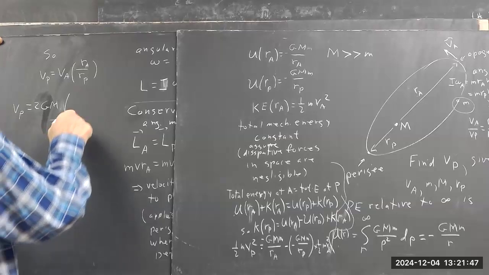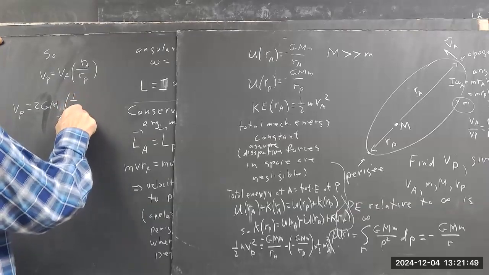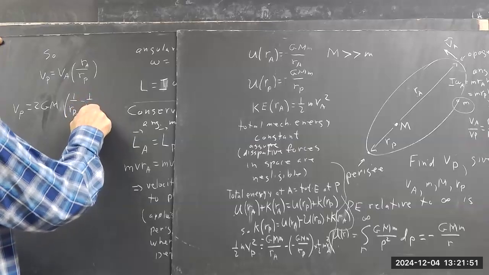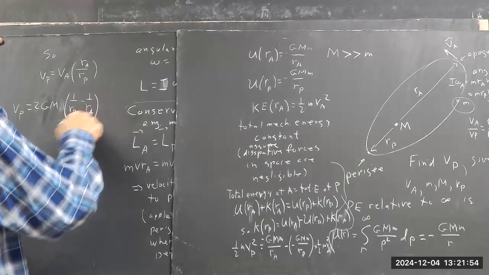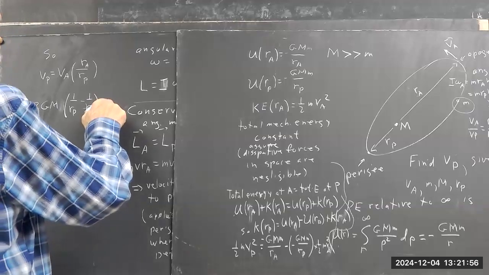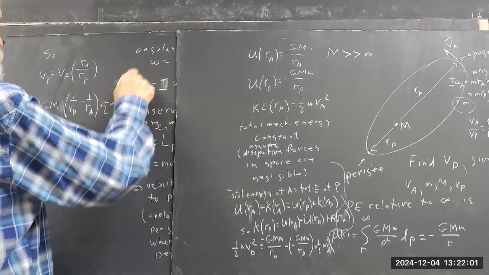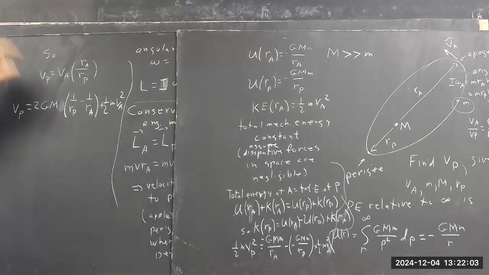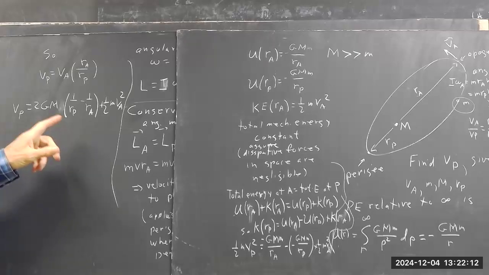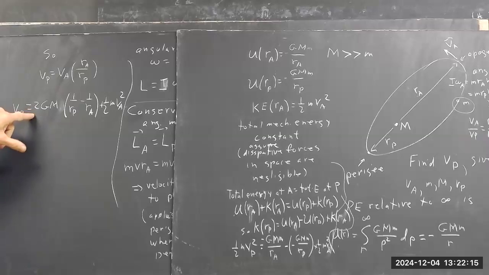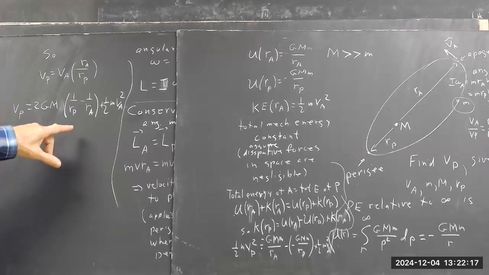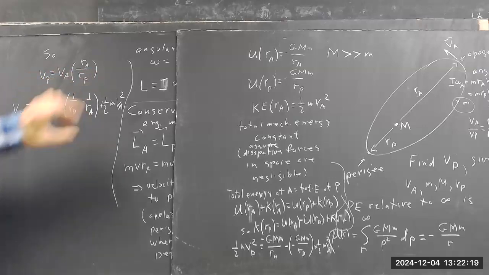And it's going to be this plus 1/2 MVA squared. Now, this thing here, well, there's no negative sign in front of this. So this is going to have the sign of whatever this is.